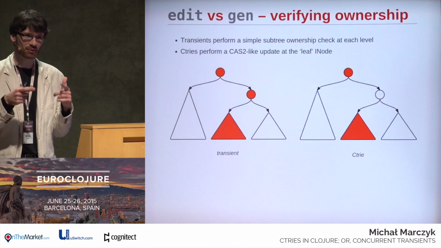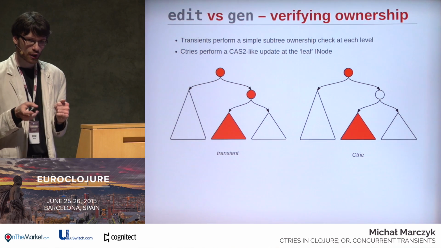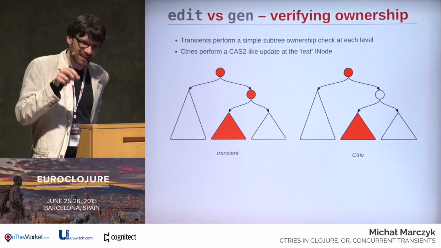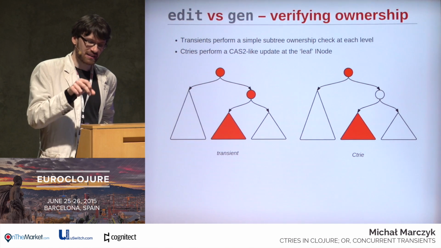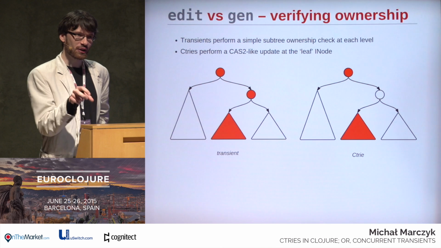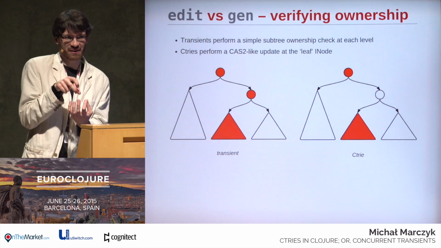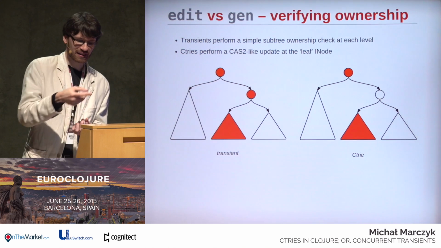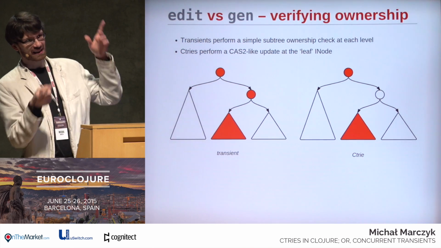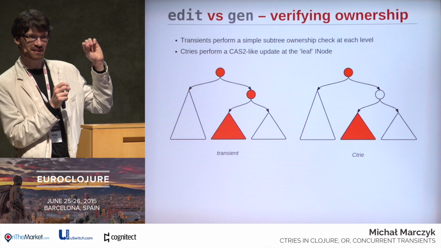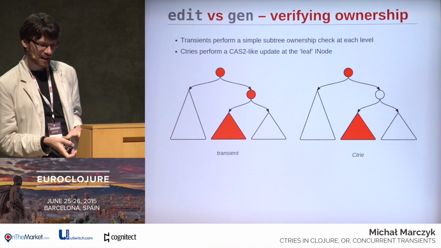But when you finally want to make an update, what you do is you take the generation marker of the node which you wish to update and look back up to the root and compare it with the generation marker found there.